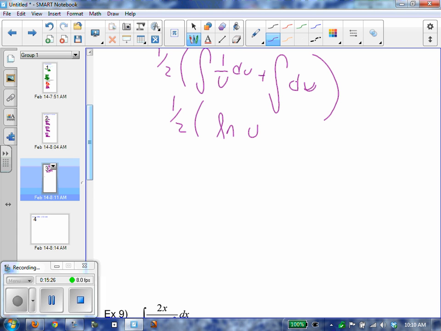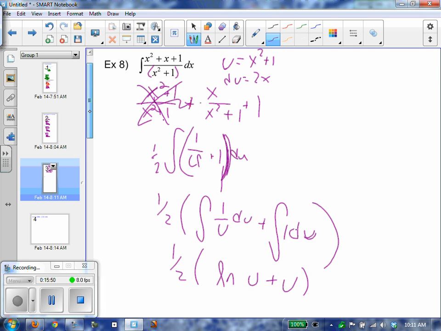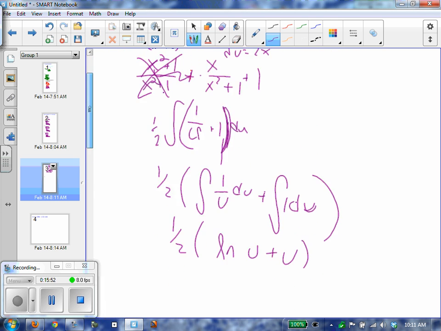I feel like you did your substitution after the simplifying, so I feel like it should really be x. I don't know.